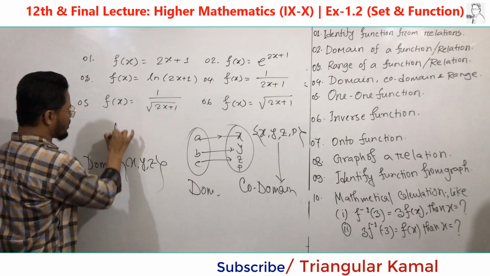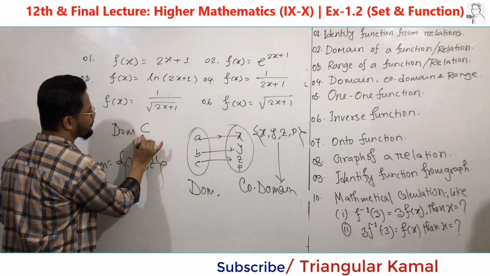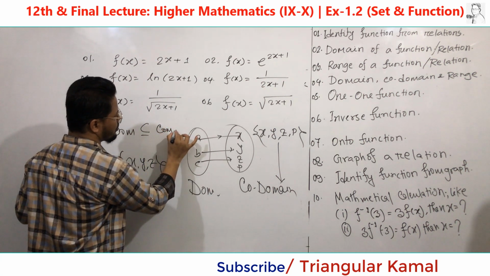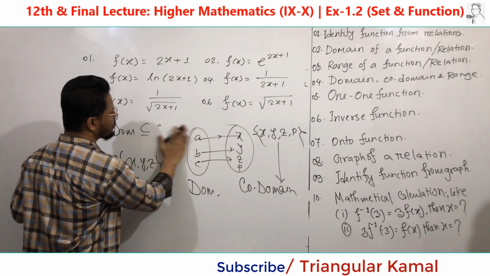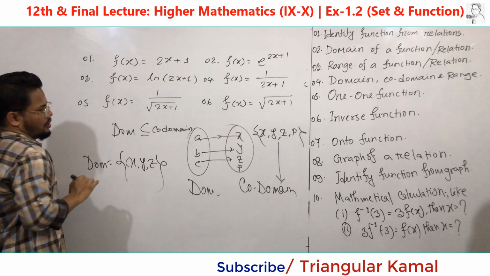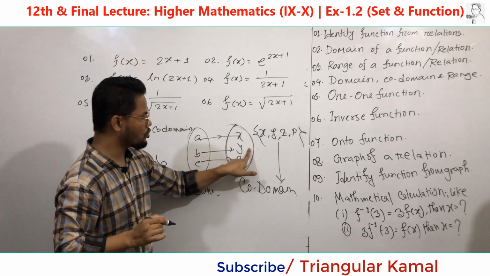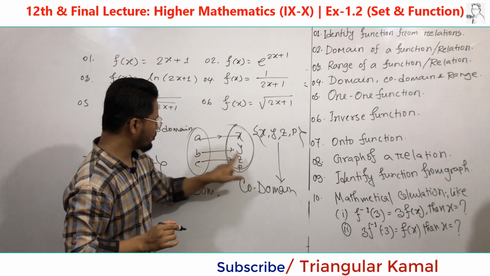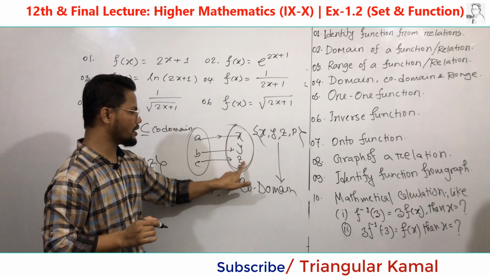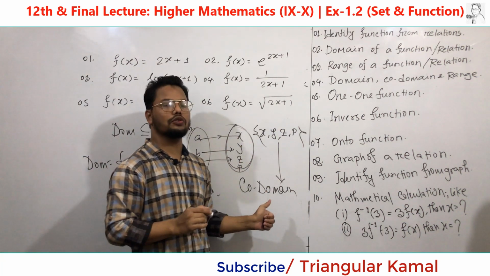So we can write here range is a subset of or equal to codomain. This right side is the codomain, and the elements that have a pre-image are called the range. So here X, Y, Z are the range, but X, Y, Z, P are all the codomain.